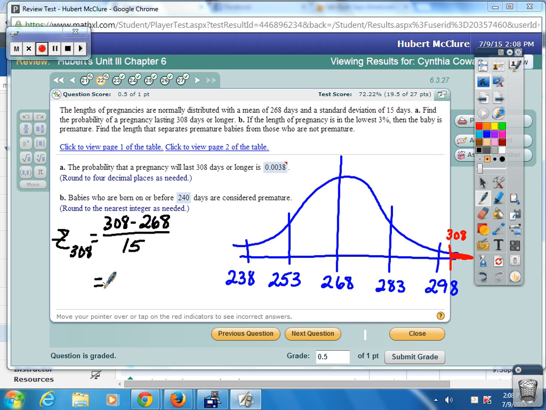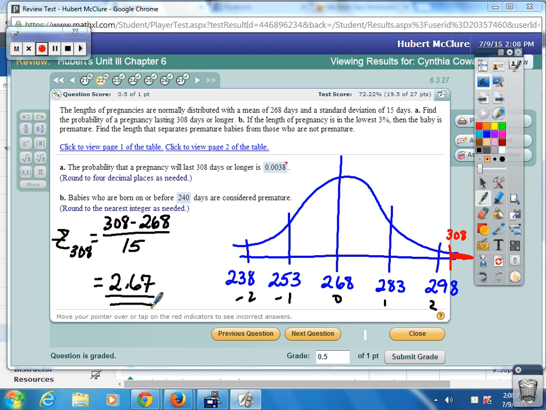Somebody tell me what that is. We know it's greater than what? 2, right? Remember? 0, 1, 2, -1, -2. So we know it's greater than 2. 2.67.